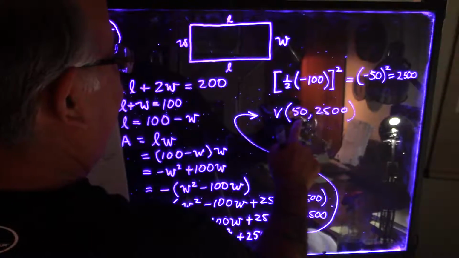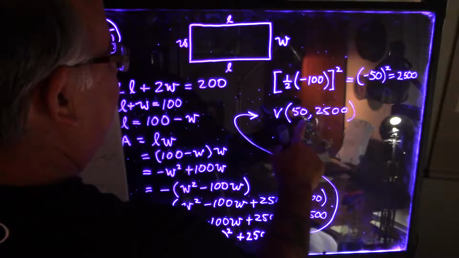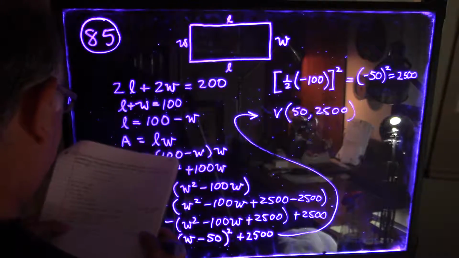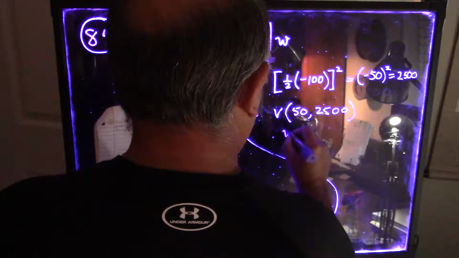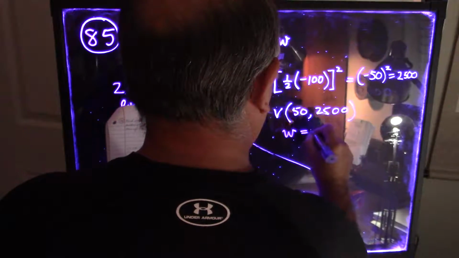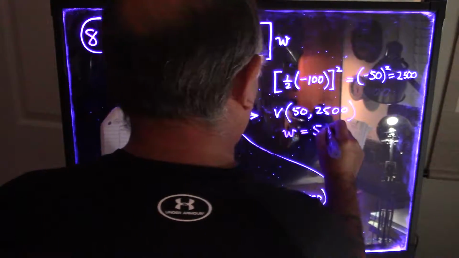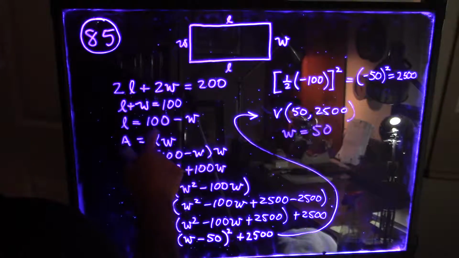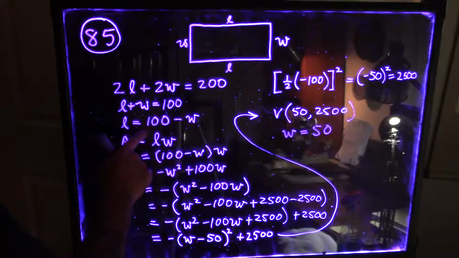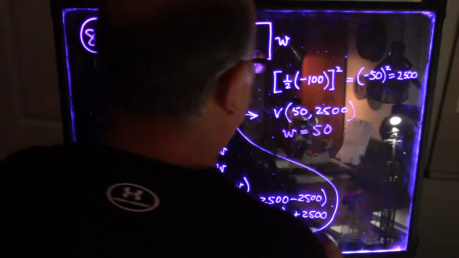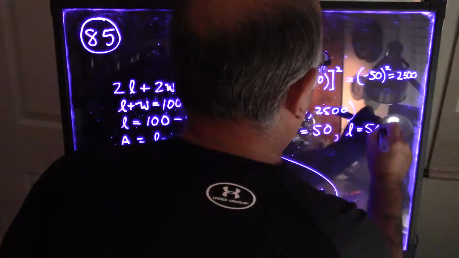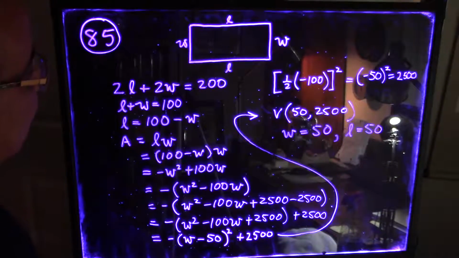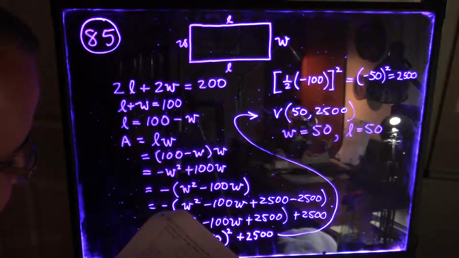So that means if you have a width of 50, you'll get a maximum area of 2500. So w equals 50, that's going to give you the maximum area. Well, what's the length if w equals 50? Go back here, L equals 100 minus w, so that's 100 minus 50.